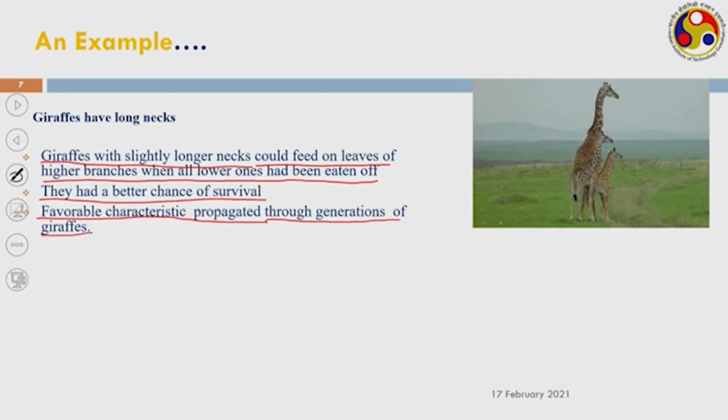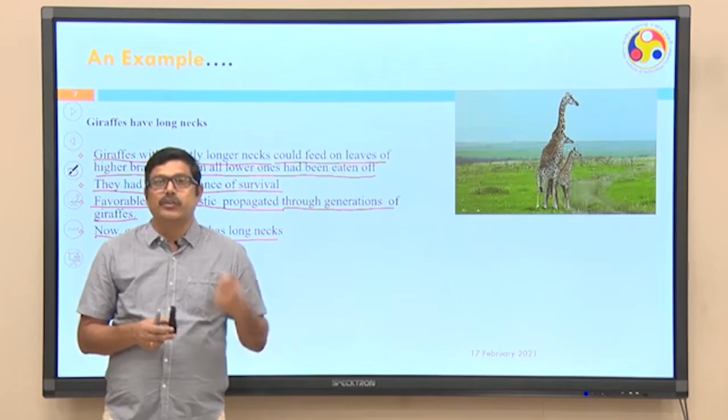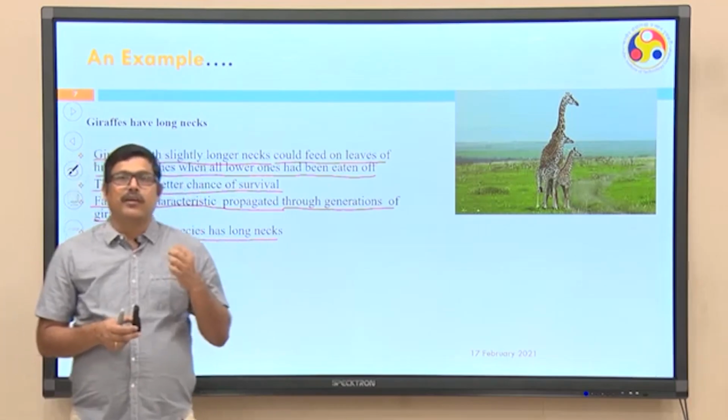Okay. So, that has been propagated, and now they evolve into a new species, which basically has longer necks. So, whatever giraffes had shorter necks could not survive, because that was not a favorable characteristic.